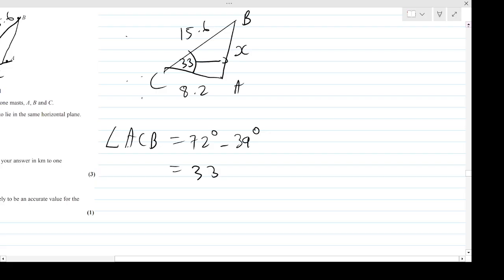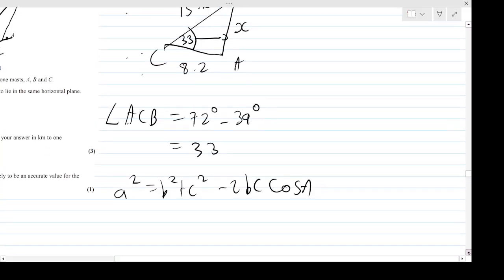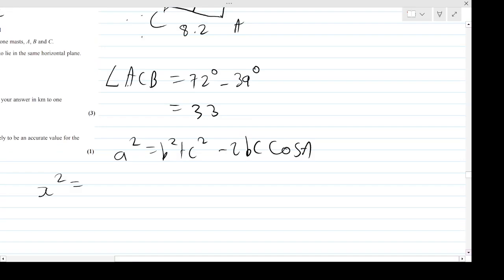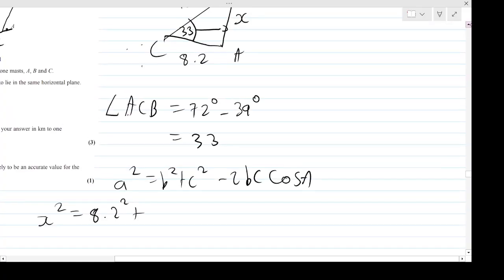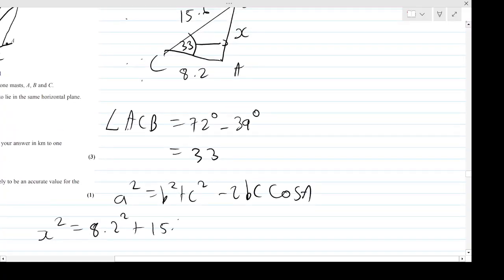If I restate the cosine rule, a squared is b squared plus c squared minus 2bc cosine of A. The opposite side is x, so x squared equals the other two sides squared, 8.2 squared plus 15.6 squared, minus 2 lots of 8.2 lots of 15.6 cosine of the angle of 33.